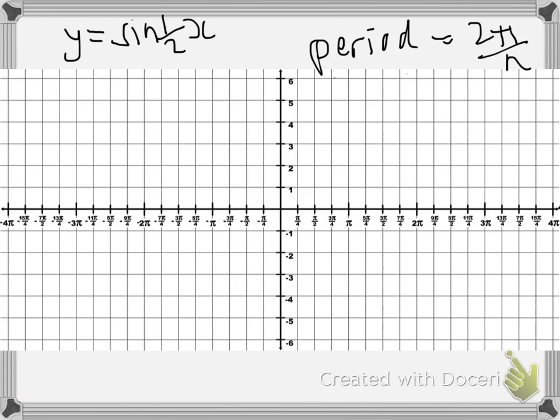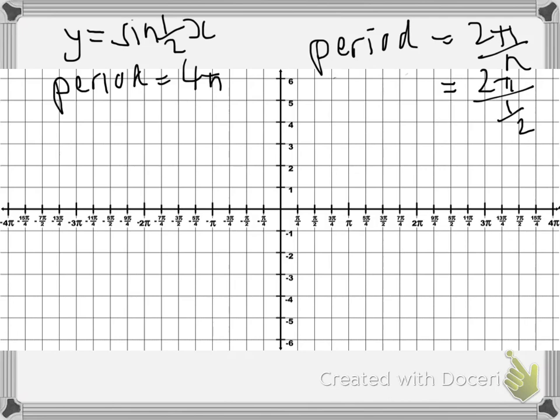Okay, so here we have 2 pi over a half, and so that means our period equals 4 pi. So that means one full wave will last on the x-axis for 4 pi.